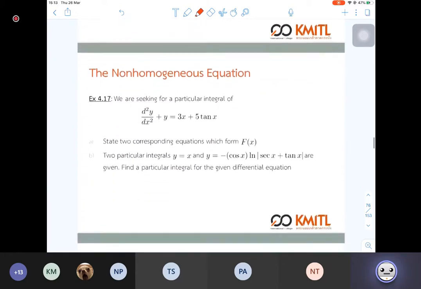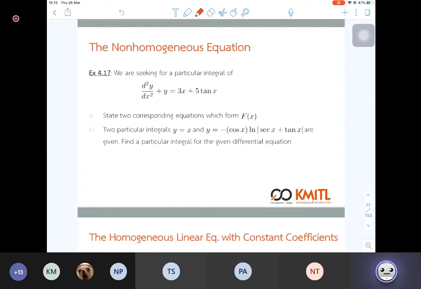Okay, let's see this example. So we are seeking the particular integral, yp, of these differential equations.